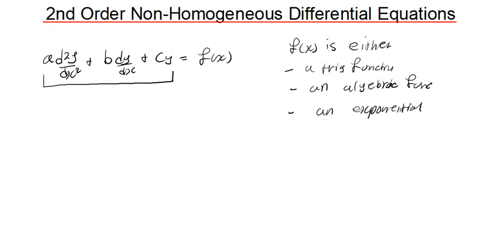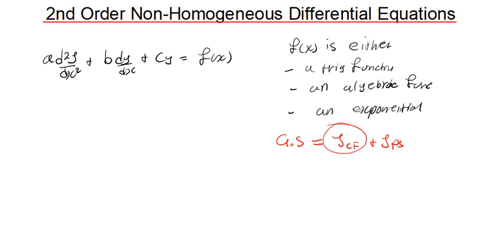At the end of it all, the general solution, which I'll just write as GS, is going to be equal to y_CF plus y_PS. Here y_CF is the complementary function, and PS is the particular solution. So from the homogeneous differential equation you come up with this, and from this part here you come up with that.